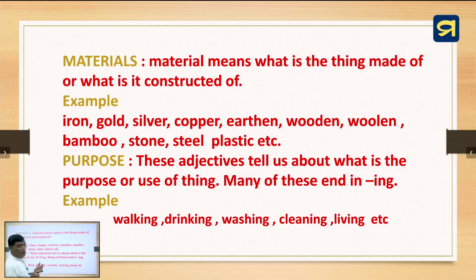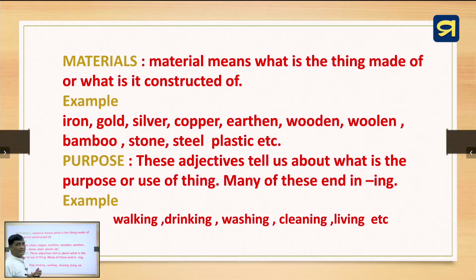Example: iron, gold. Iron is a material, a metal. From iron we prepare many things. Gold, silver, copper, earthen, woolen, bamboo, stone, steel, plastic. These are the metals or materials from which we can make many things.